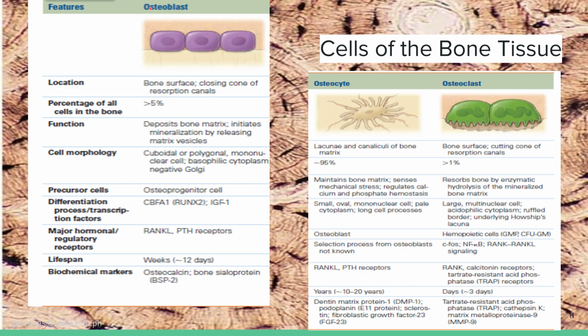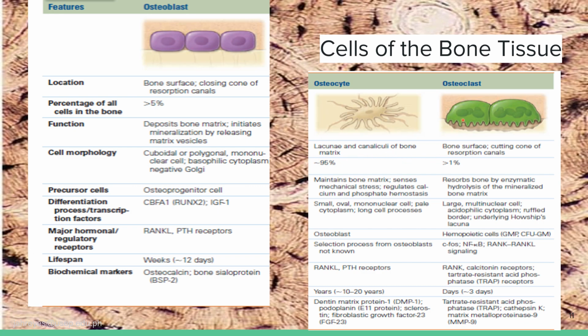In terms of location, the osteoblasts are generally found on bone surface, and they form a layer, and sometimes they are also found in the closing cones of resorption canals, while the osteocytes are found in the lacuna and canaliculi of bone matrix, as you can observe in the previous slide.